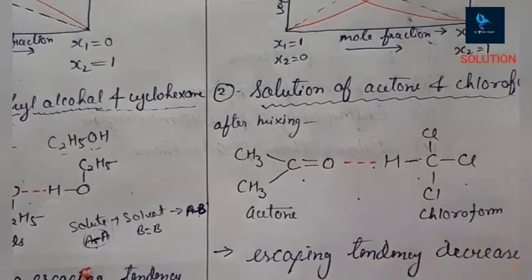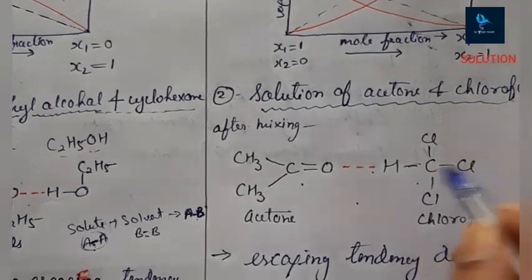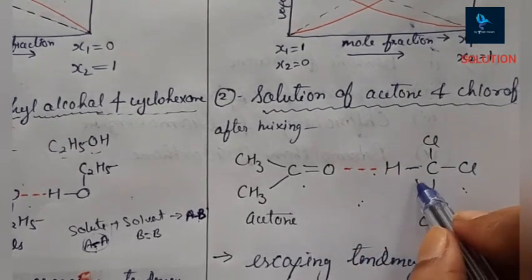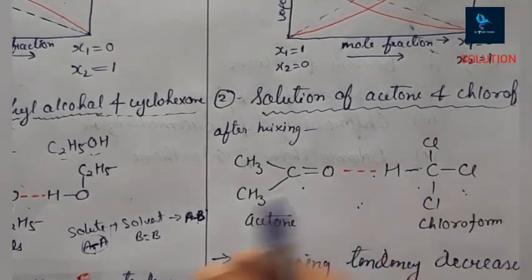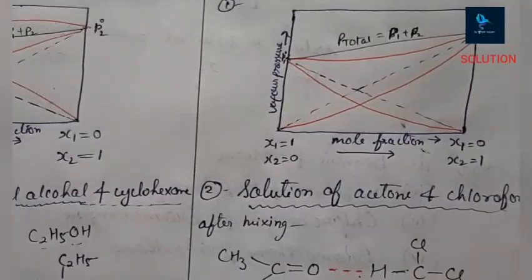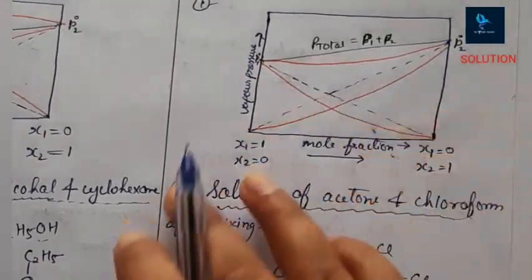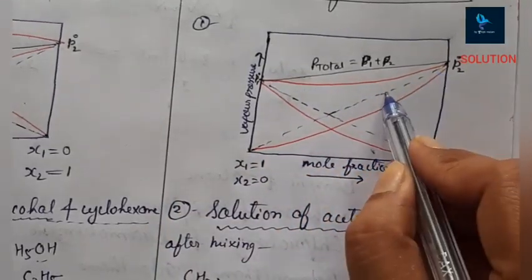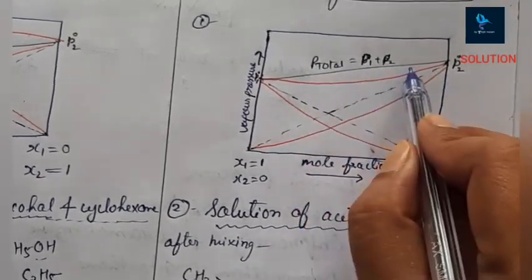That's why the escaping tendency decreases. When they do not break, they do not escape, so they do not form more vapor, and the pressure exerted by the vapor is less compared to the original Raoult's law.